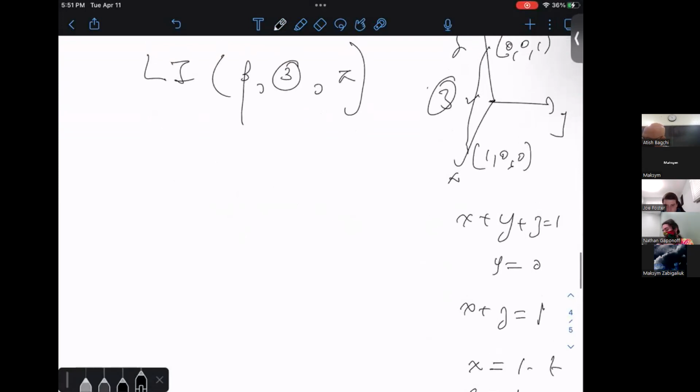Okay, so this would be the integral over 3 of beta composed with pi, dt.